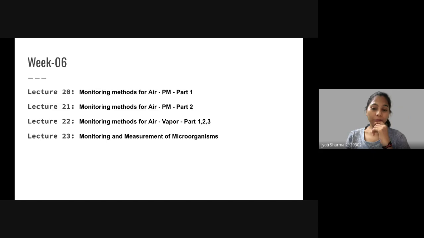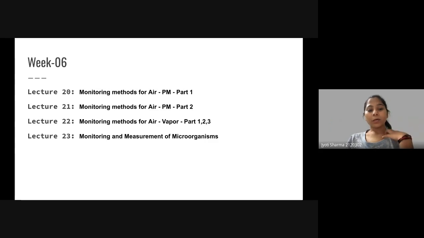So we have a high volume sampler, and within that we can use different impactors, right? Yes, impactor is right, but it is more than an instrument. This is the process, or the principle, by which we can segregate.